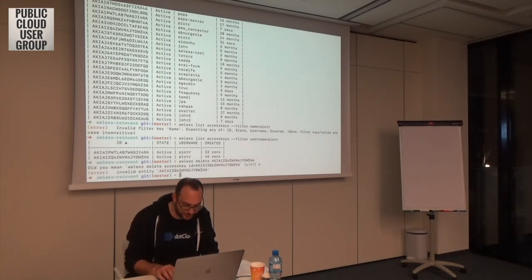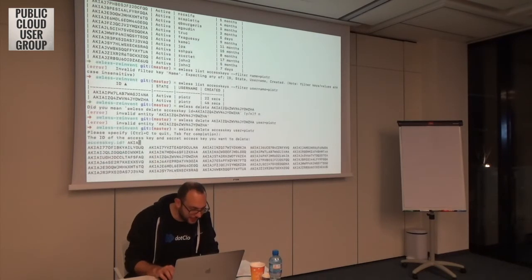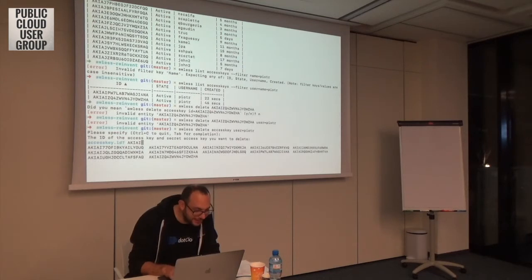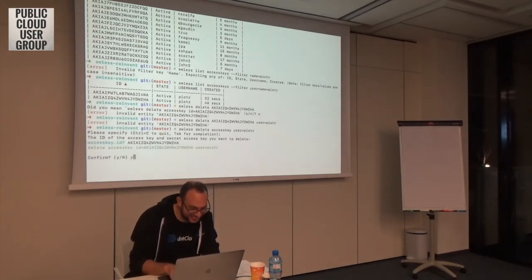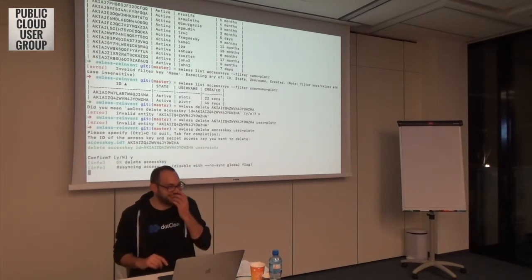No, invalid entity. I know, because I didn't say delete accesskey. Let me do it for Piotr, and then this is the AK. Yes, this is done. Okay, so I only have one, which is better.